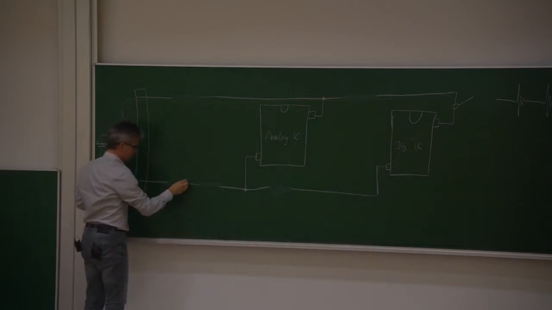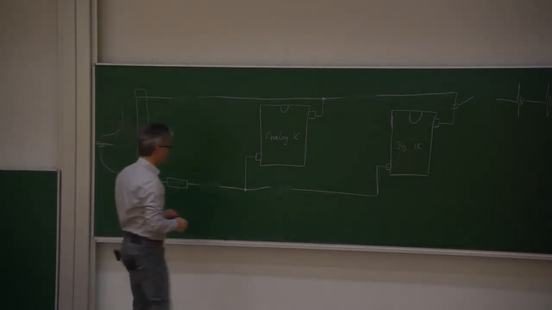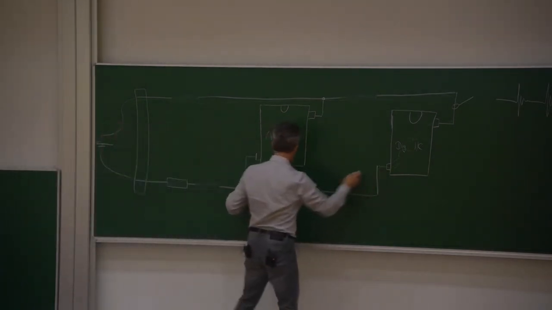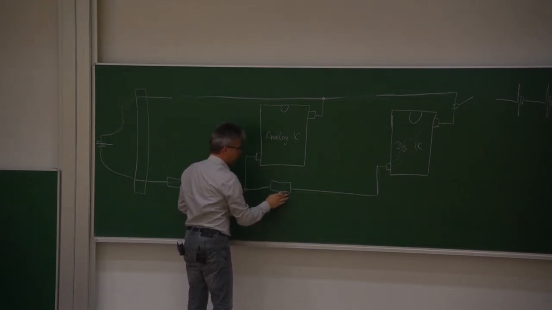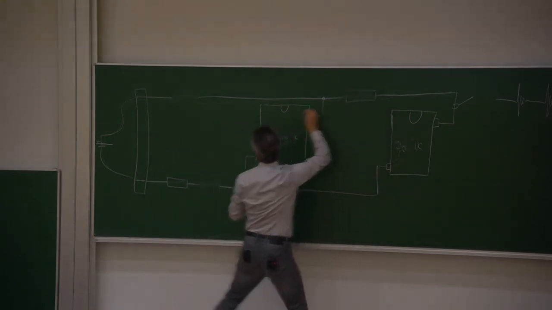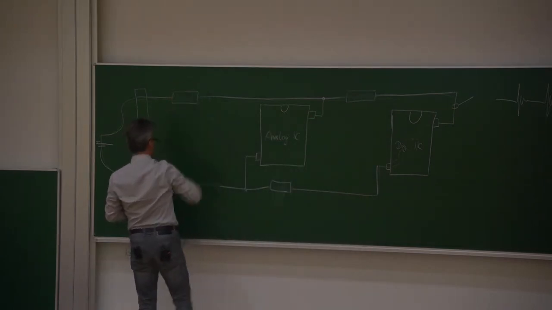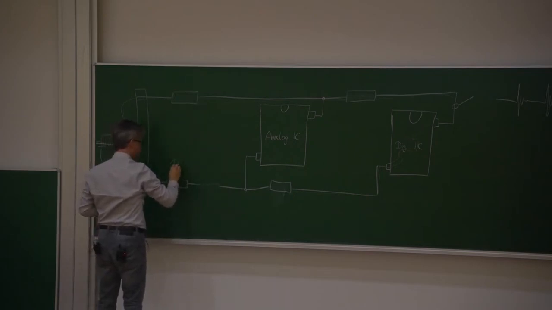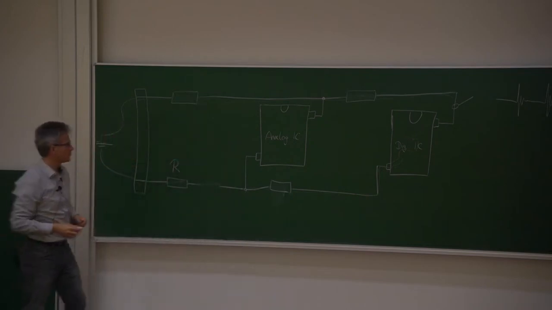This gives us a certain resistor, 0.3 ohm. We can also measure the resistance from here to here. This also gives us, in this equivalent circuitry, another resistor. Same here, and also same here. So we have what we can call parasitic resistance. Is it clear?